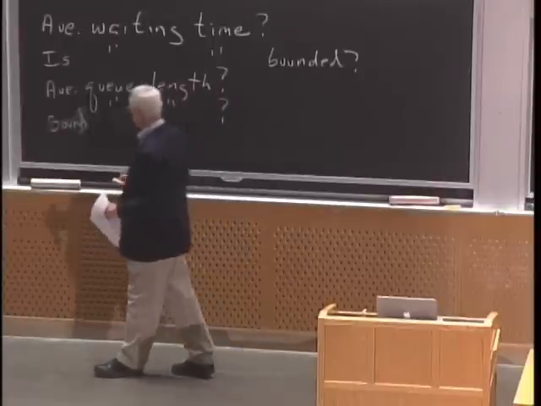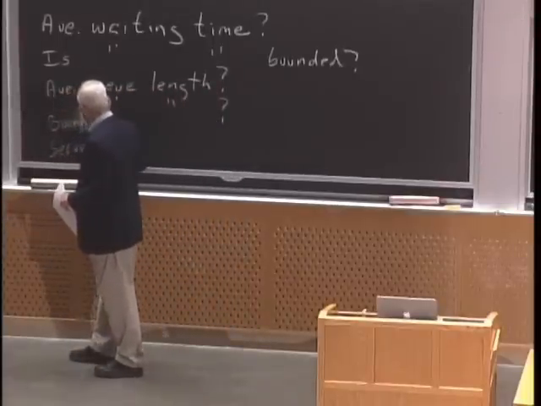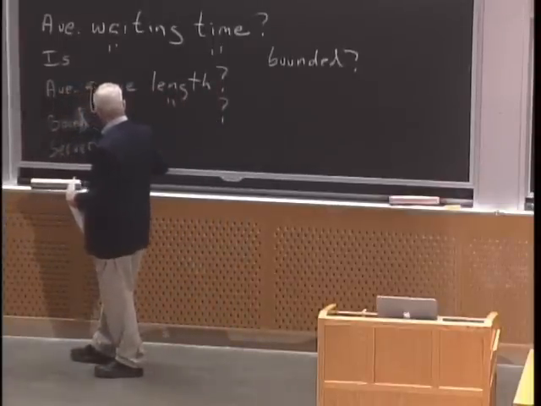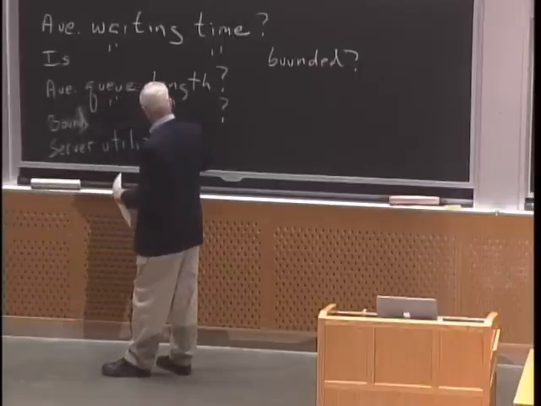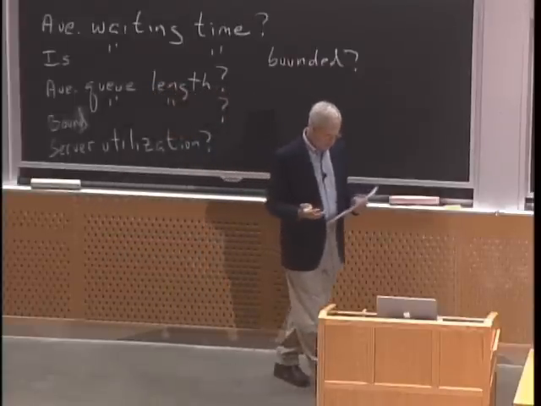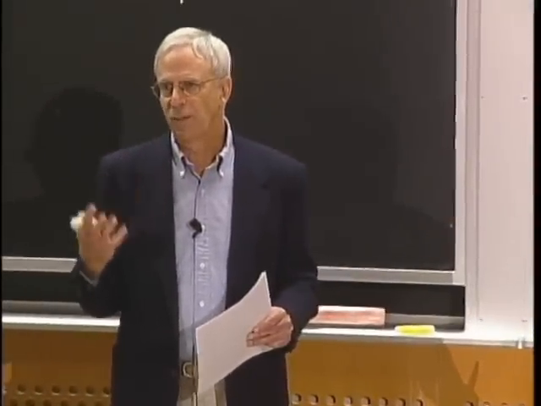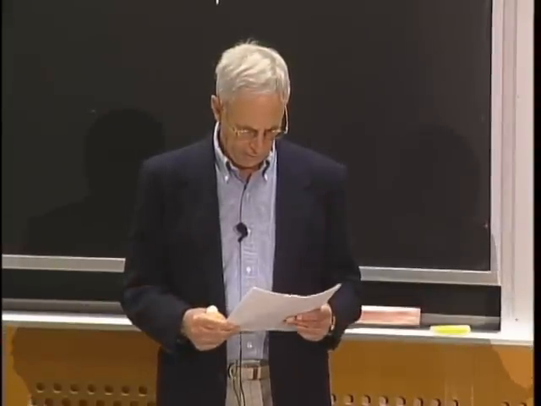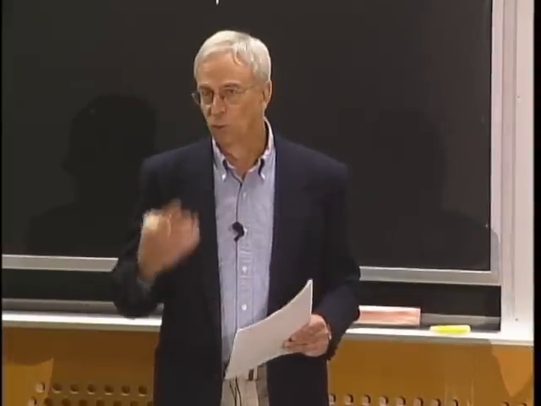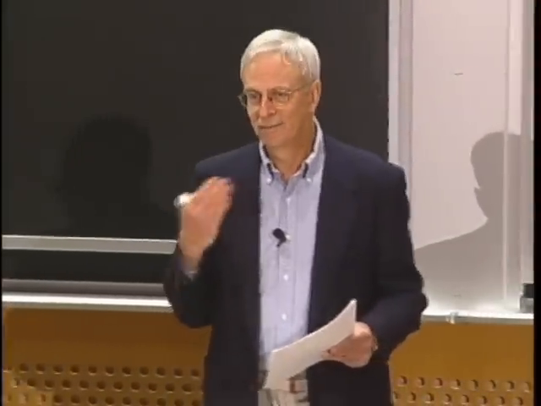And finally, along a different dimension, is something we've already talked about, server utilization. What is the expected utilization of each server, in the sense of what is the expected amount of time it will be fully occupied? Remember, servers cost money, so keeping them busy is important.